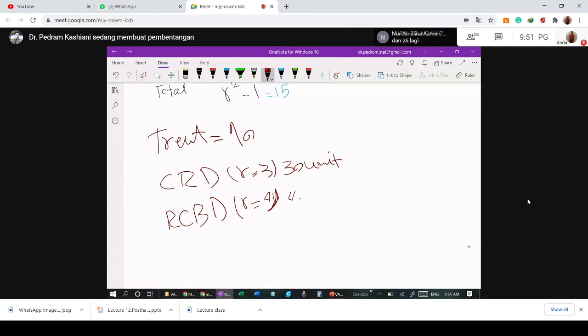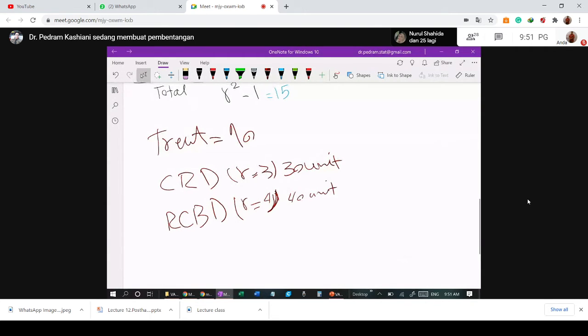Here I have 40 units, which is still big. But let's say this is the situation. When I want to do Latin square, I keep the same number here, so you don't think CRD is smaller than RCBD. No. These 2, I keep the same number of replication, 30 and 30.